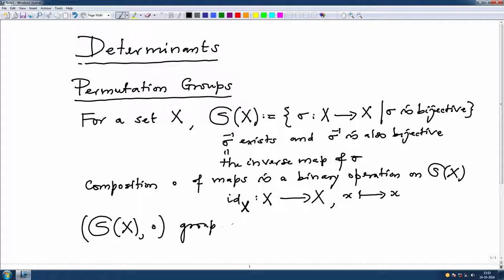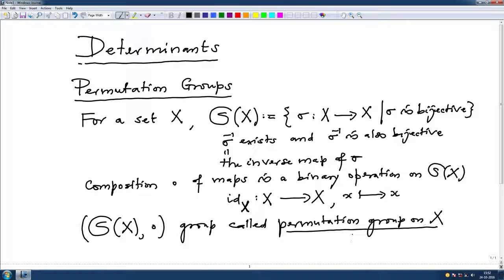This group is called the permutation group of X. It is also called the symmetric group of X. We will be mainly interested in when X is a finite set.